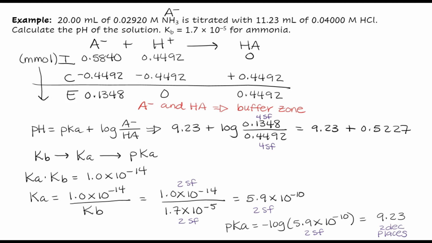Now when we do this final addition, our sig figs will be determined by the 2 decimal places in the pKa because that's the fewest number. So our last step is to add those 2 numbers together. 9.23 plus 0.5227 rounded to 2 decimal places gives us 9.75.